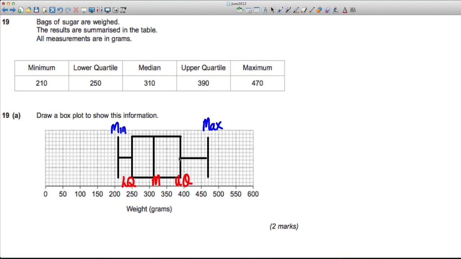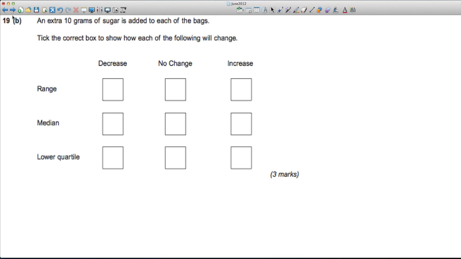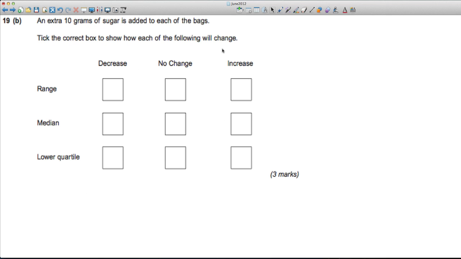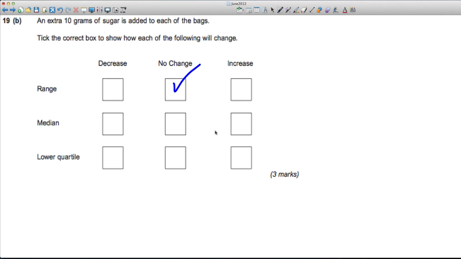If 10 grams was added, then wouldn't the whole thing move? The minimum would be up by 10, the maximum would be up by 10, the lower quartile would be up by 10, the median would be up by 10, and the upper quartile would be up by 10. Now, would the range increase or decrease? If they've both gone up by 10, then the difference between them would not go up, there would be no change. So it's no change. The median, however, would increase. I've just moved everything over by 10 grams. So of course the median would increase.